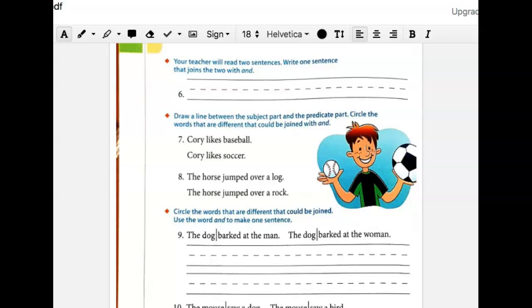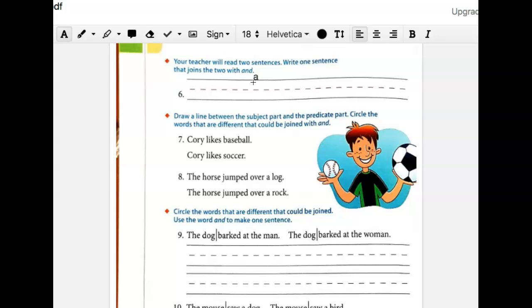Next page, page 290. Number 6, you're going to listen to the two sentences that I will read to you. And you're going to write one sentence that joins the two sentences with the word and. All right, listen carefully.